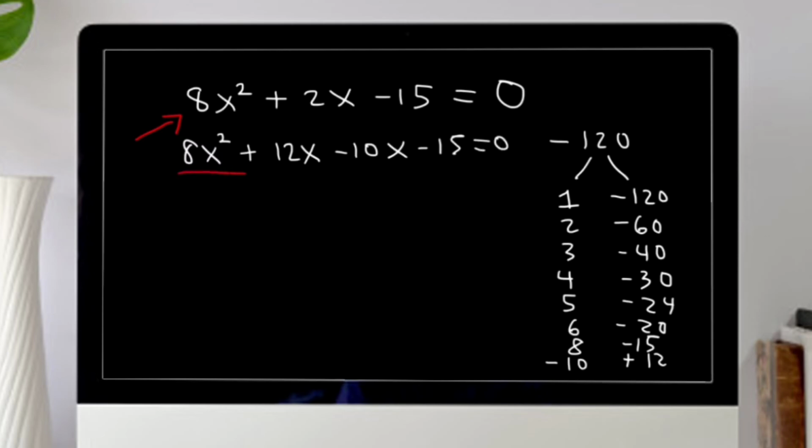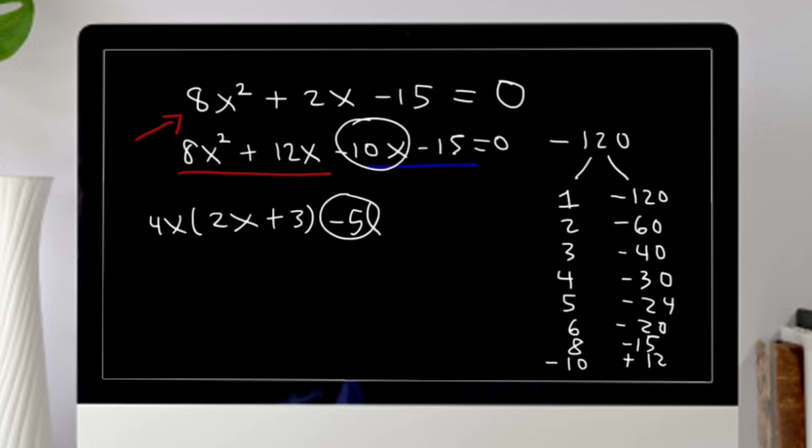In the first two terms, let's take out the GCF, which is going to be 4x. 8x squared divided by 4x is 2x, and 12x divided by 4x is 3. In the last two terms, take out the greatest common factor, in this case negative 5. Negative 10x divided by negative 5 is 2x.